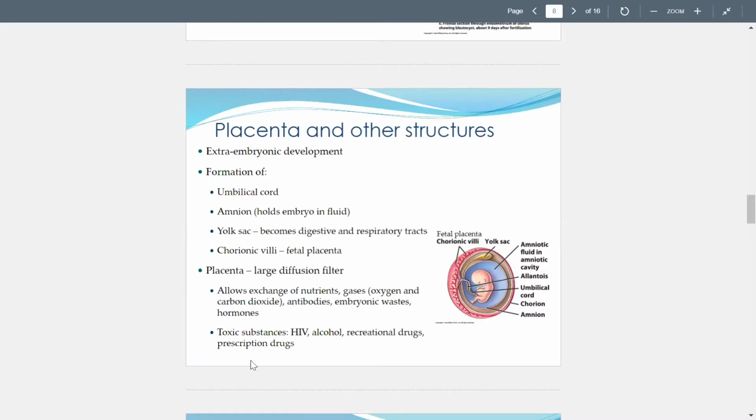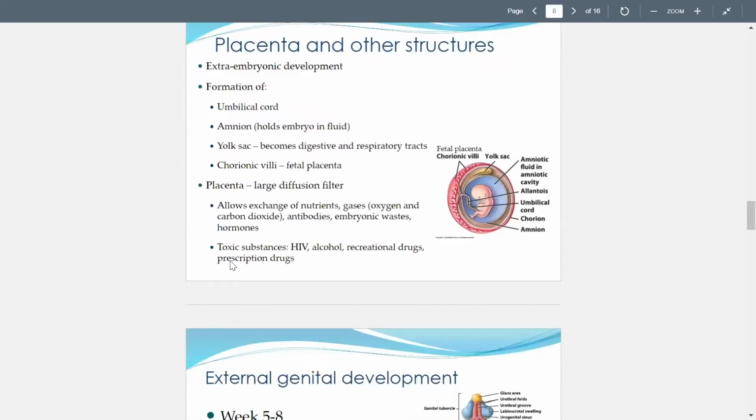And toxic substances, HIV, alcohol, recreational drugs, prescription drugs: if a mother takes these in, this can totally affect the growth of the child, because with the placenta, anything that the mom has, the baby will also have, if that makes sense.